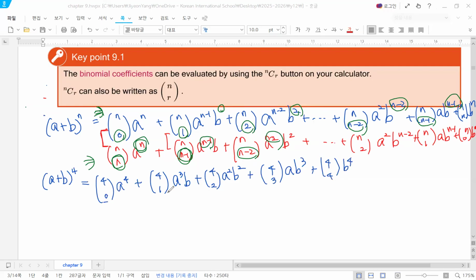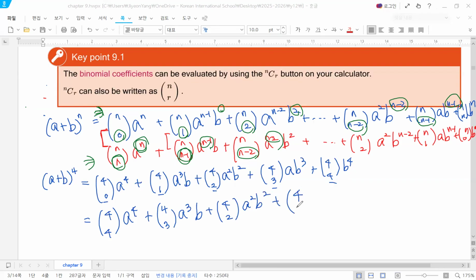You can match this number with the index of b. However, it's also the same if you want to match this number as the index of a. Do you understand? Plus, please tell me the next one. 4C3 a cubed b plus 4C2 a squared b squared plus 4C1, thank you, a b cubed plus 4C0 b to the power of 4.